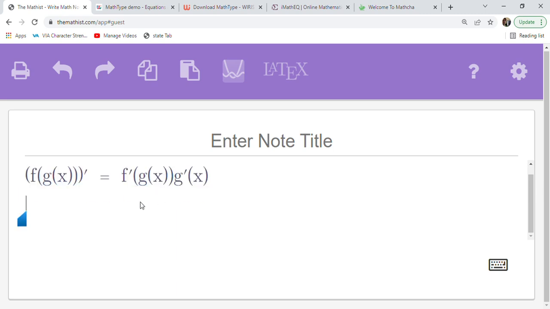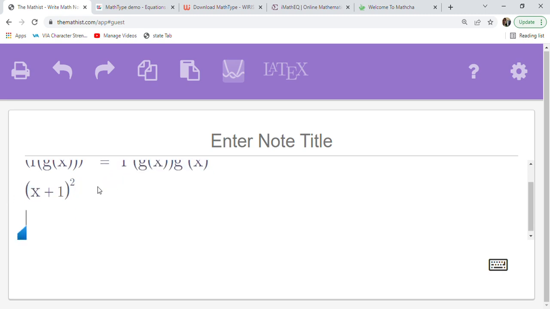Now, one example of the chain rule's application would be something like x plus 1 squared. This is a very simple example. We could just go ahead and multiply this out, and we'd see what the answer was.